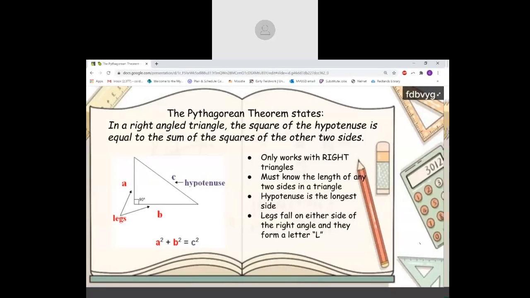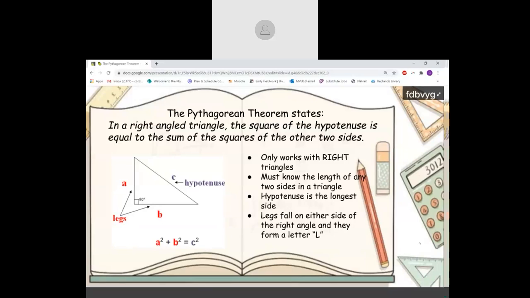So how the Pythagorean theorem works, it only works with right triangles, okay? It doesn't work with scalene, it doesn't work with isosceles, only right-angled triangles. And you have to know the length of any two sides. So if you know the legs but you don't know the hypotenuse, then you can use that formula to find the hypotenuse.